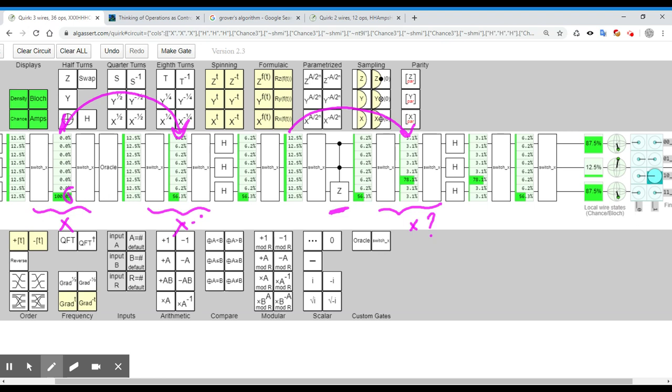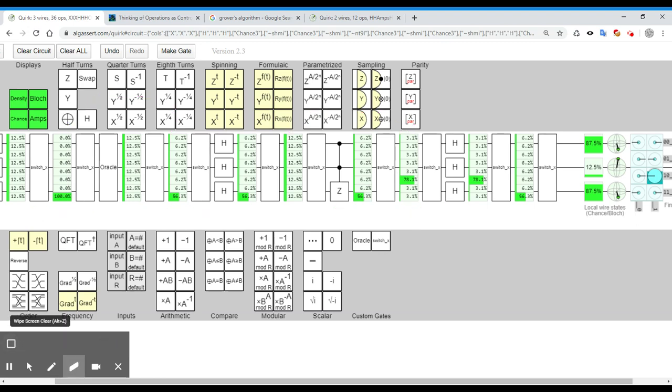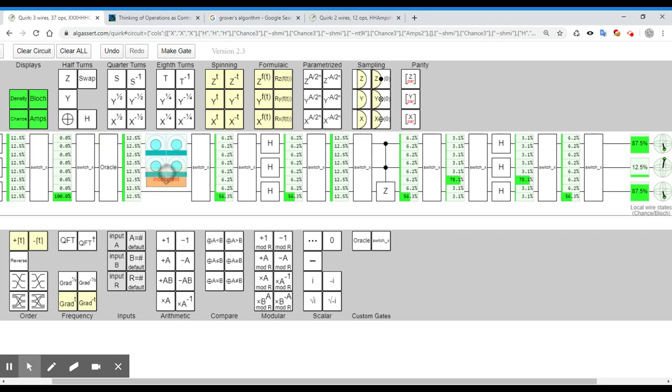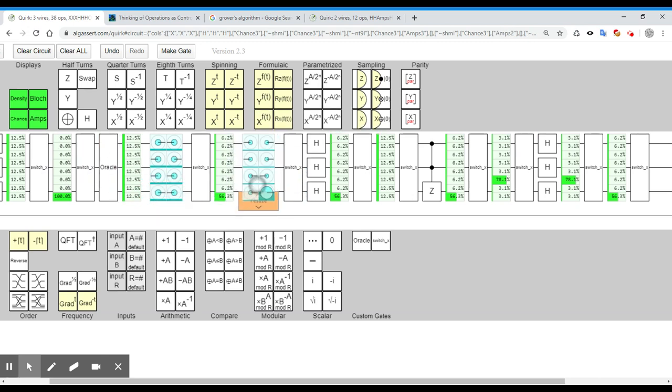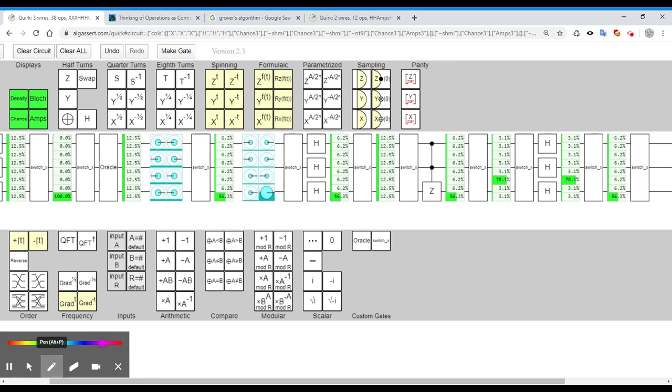Okay, let me put some amplifiers. I'll put them in between the sandwich so they also reflect the X perspective. So okay, but that's interesting because basically, let's take a look at this. Sorry, I forgot one here.